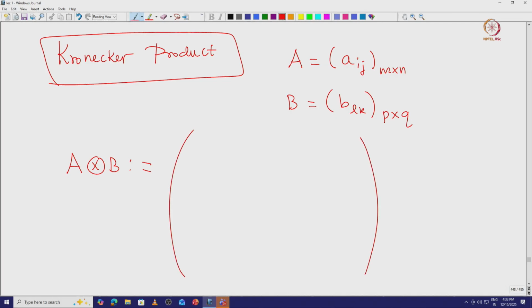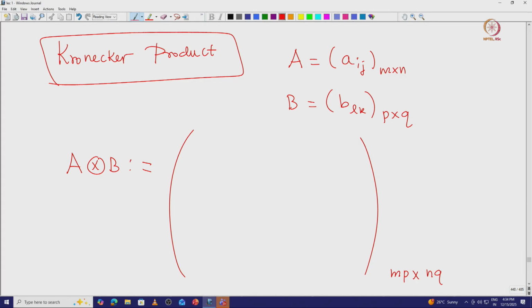You take the size mp times nq, where what we do is take the matrix B and multiply the entries of A with it.